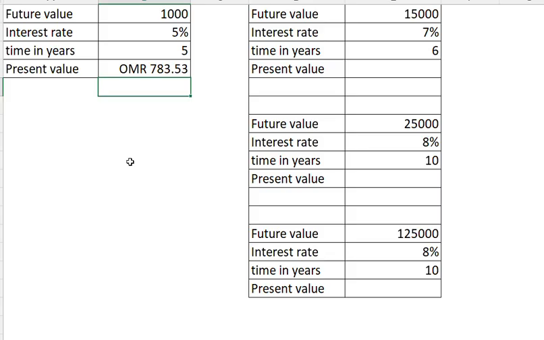So our present value is 783.53. So if a person wants to have 1000 riyals after 5 years, if the rate of interest is 5%, he or she should invest 783.53 riyals today.